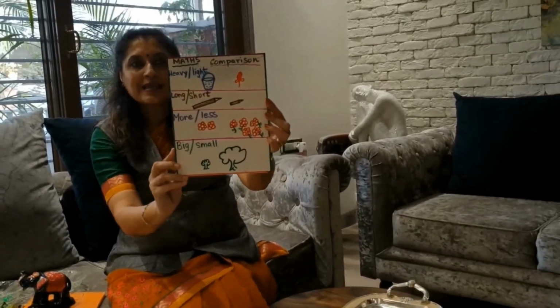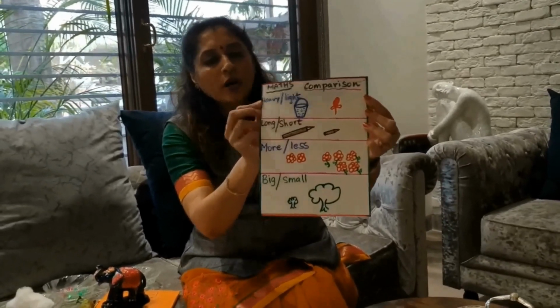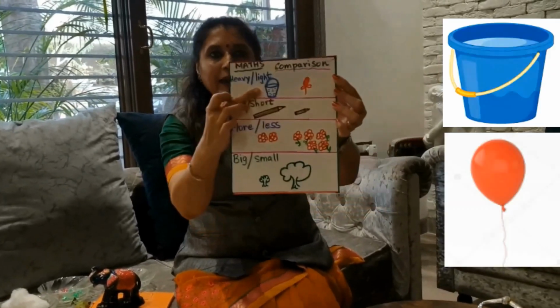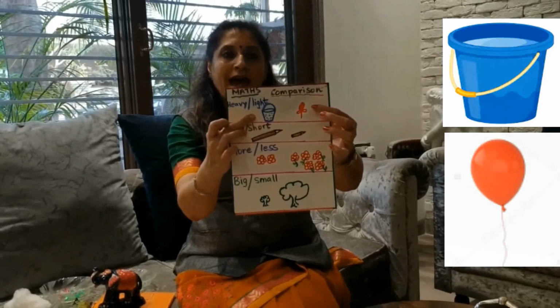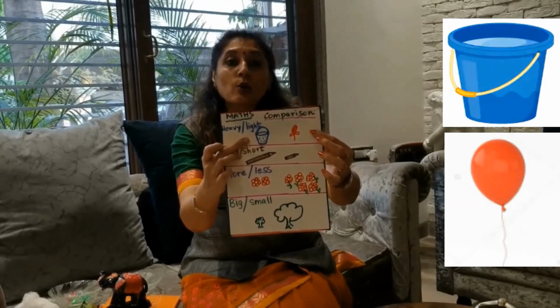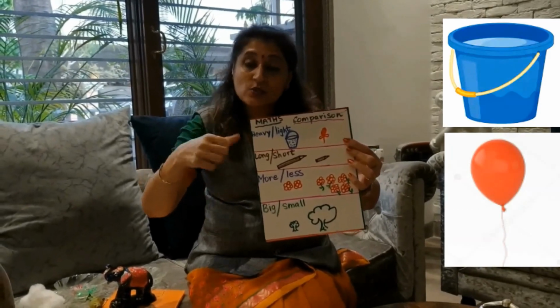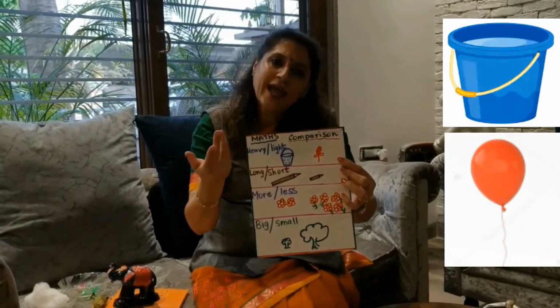This is the exercise. So the first comparison picture I have drawn. This is a bucket filled with water and beside the bucket I have drawn balloon. So bucket is heavy in weight. It's very heavy and balloon is very light.